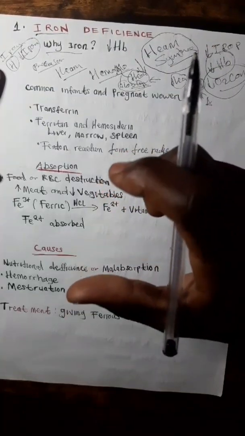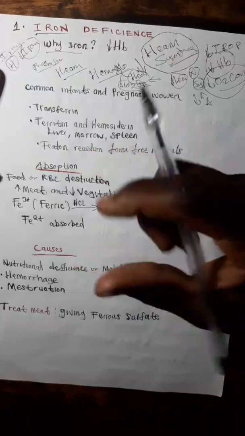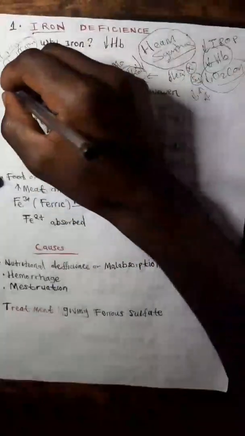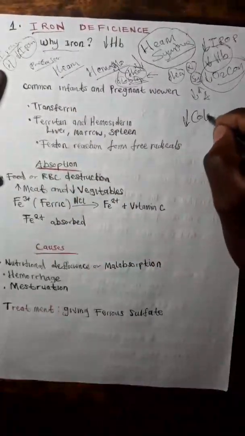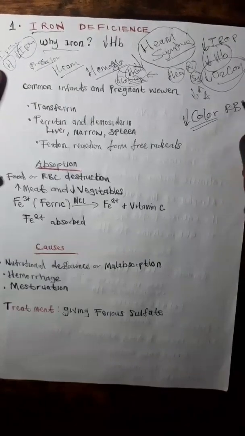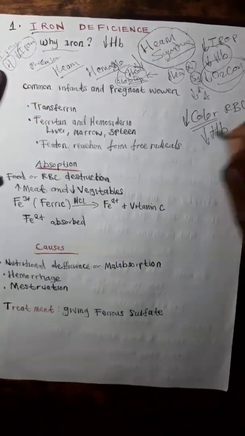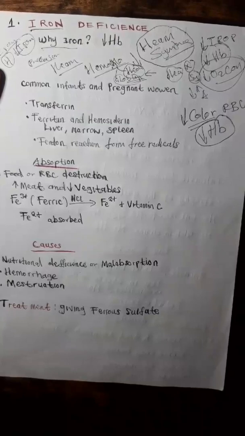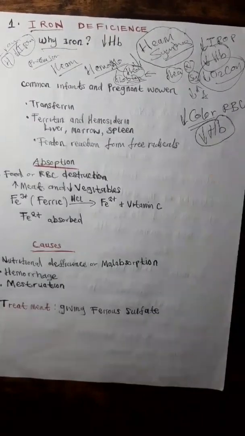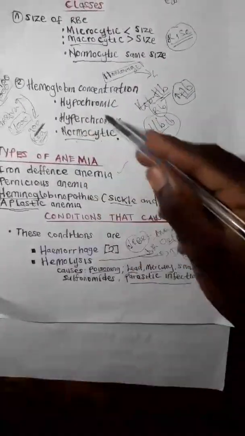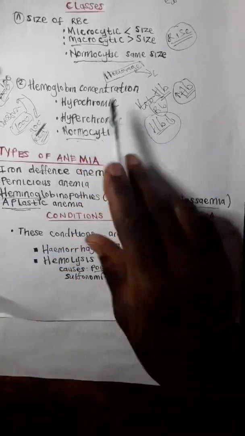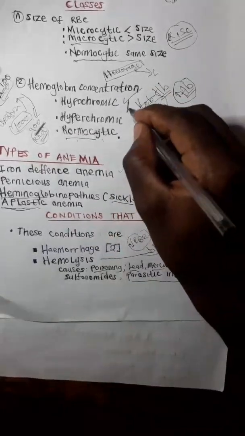Since the hemoglobin will be very small, it also means that it will give a little color to the red blood cell, because of reduced HB, which is hemoglobin. So since there is a reduction in the color, where can we classify this anemia? Is it normochromic, hyperchromic, or hypochromic? It is hypochromic because of the reduction in the color.